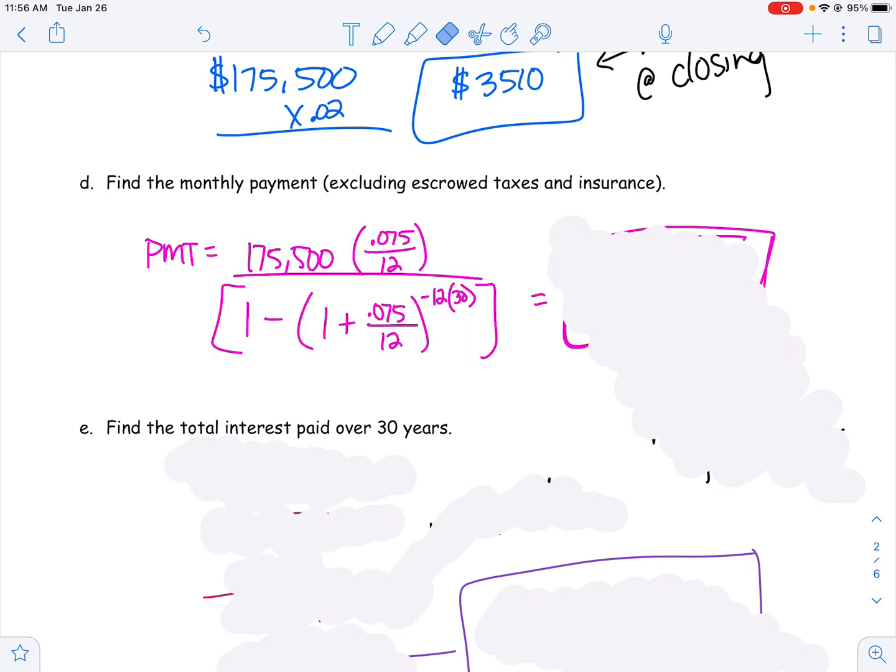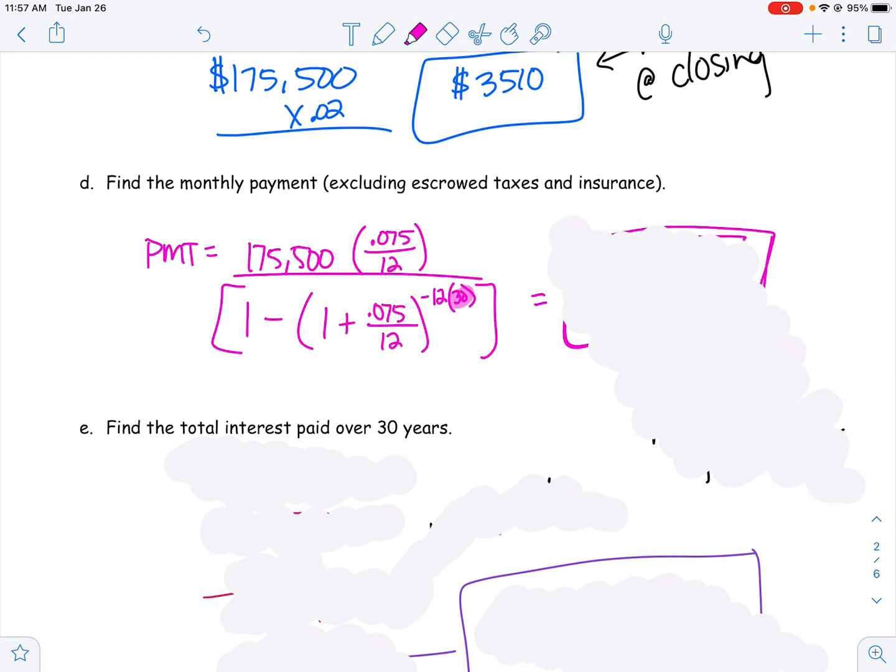Our amount of our mortgage, remember, was the $175,500. Remember, our interest rate was 7.5, so as a decimal, 0.075. We're going to make this payment every month, so my N is 12. And remember, it said here that the loan was going to be for a 30-year mortgage. So that's where I got the 30 from here.